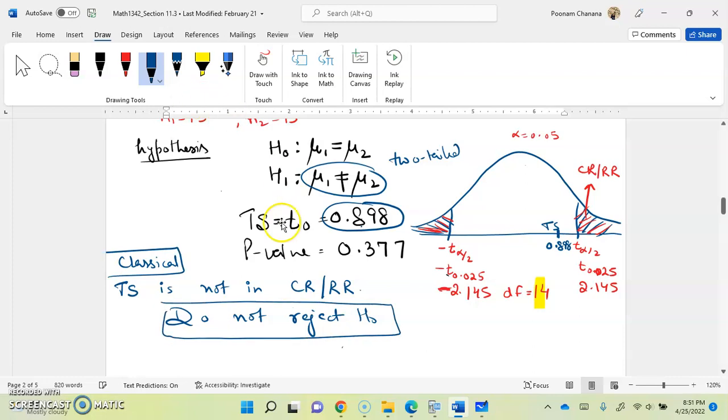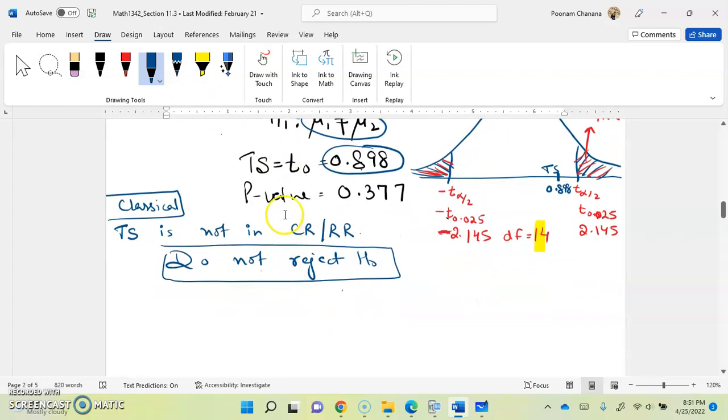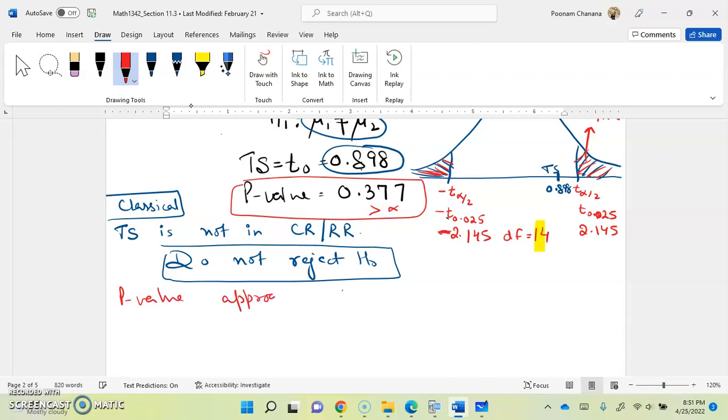And we can check the p-value also. The p-value is more than alpha. Alpha is only 0.05. So according to the p-value approach, we also say do not reject H naught, right?